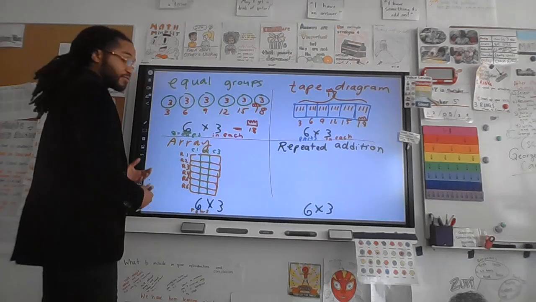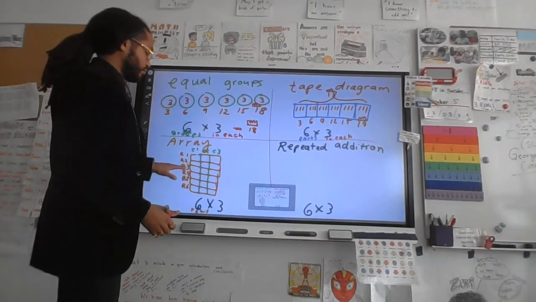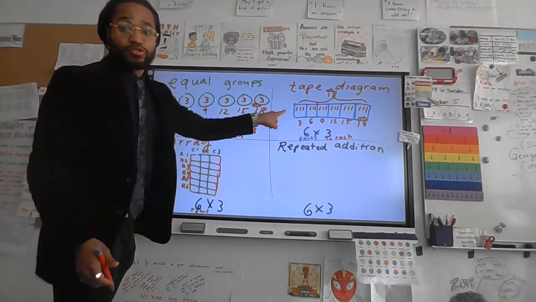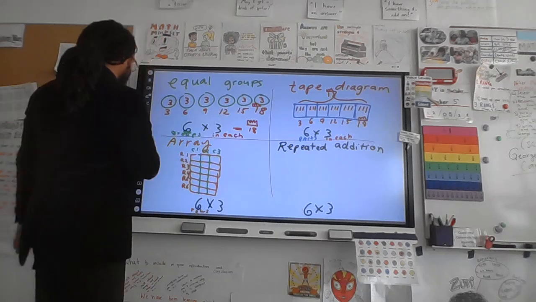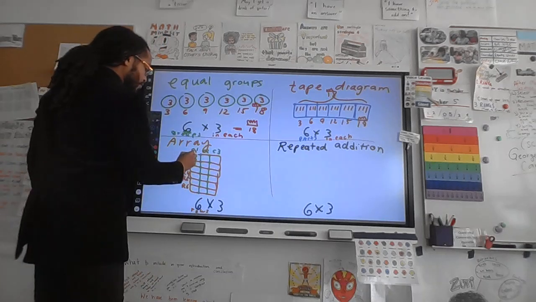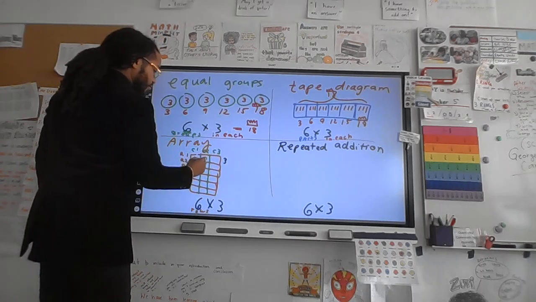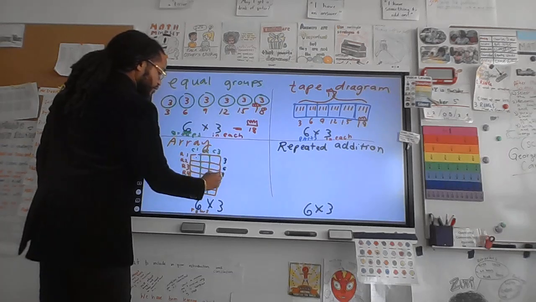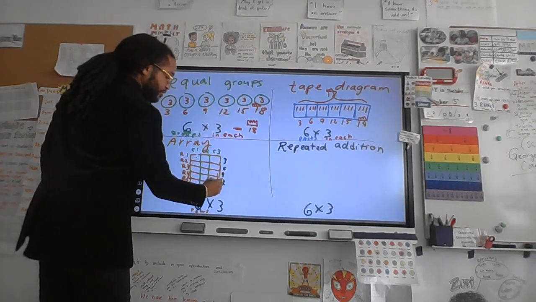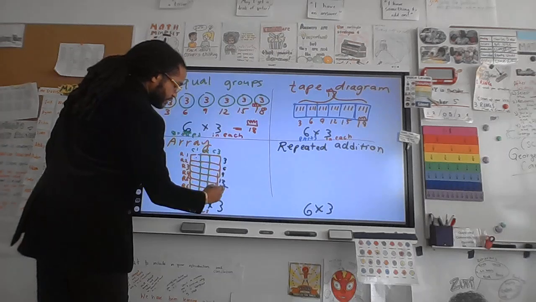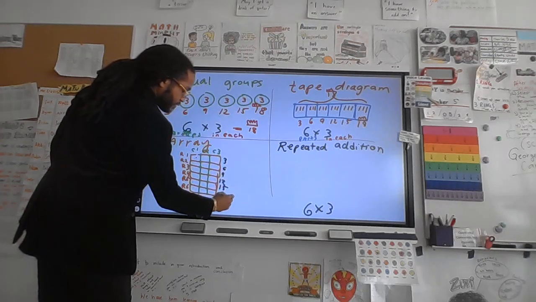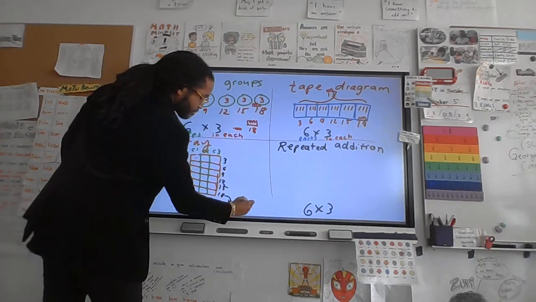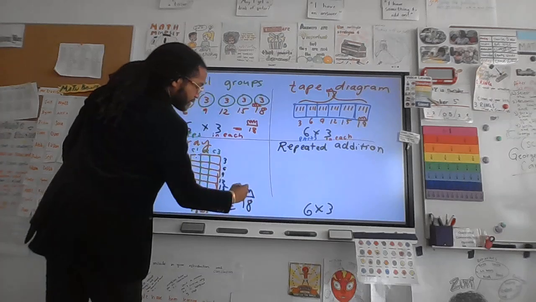And then they're going to write their skip counts, just like we did for those 2 strategies, at the end of each row. So 1, 2, 3, 4, 5, 6, 7, 8, 9, 10, 11, 12, 13, 14, 15, 16, 17, 18. So the product, once again, that word product, is 18.